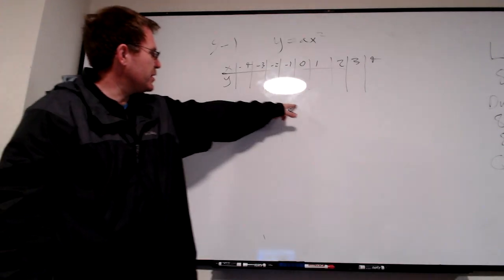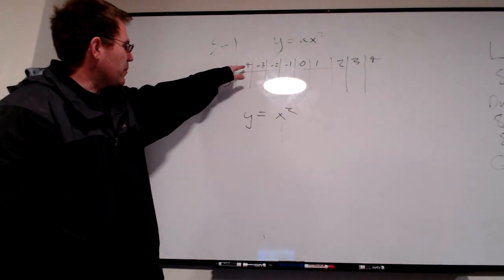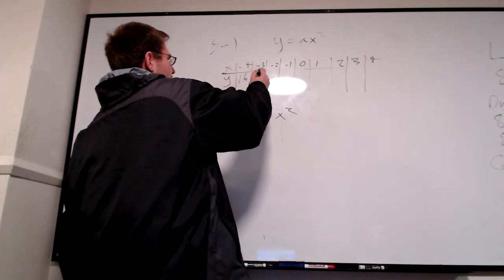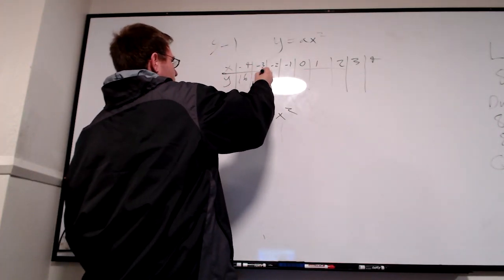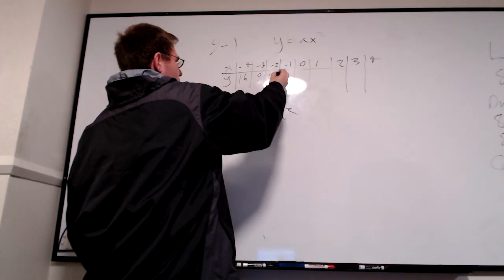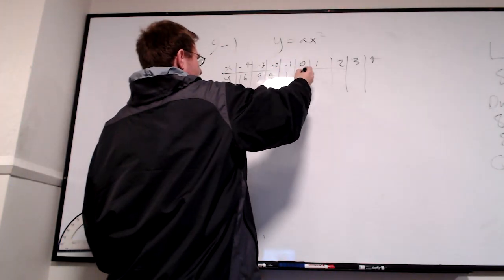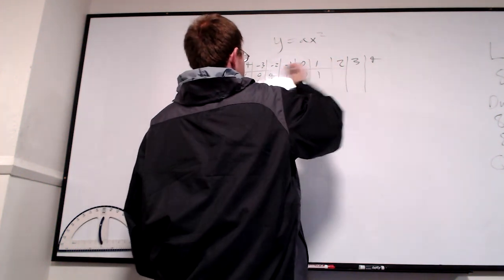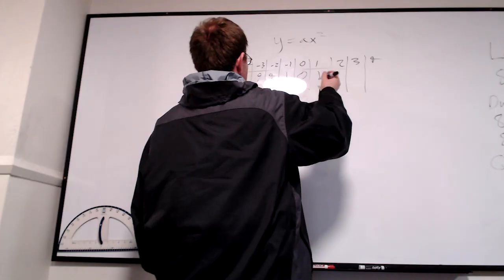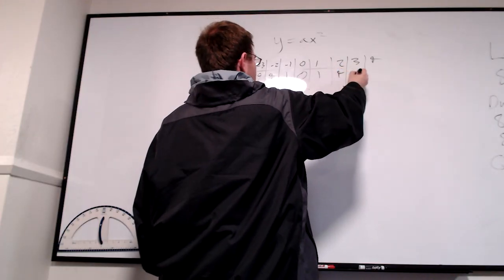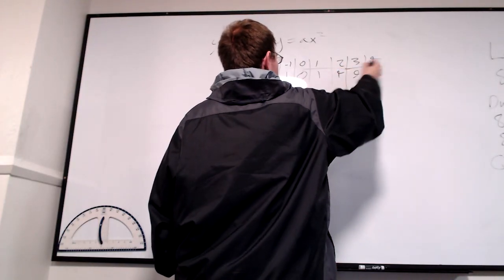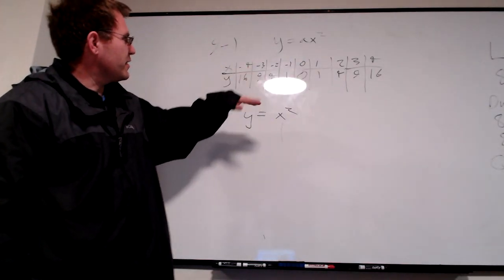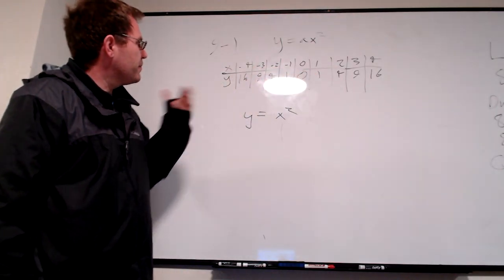We're putting -4 in: 16. Then -3, 9; -2, 4; -1, 1. And then it's just mirroring each other because it's a parabola, so we've got 4, 9, 16. Whenever you have an equation of this form, it's going to follow this kind of pattern.